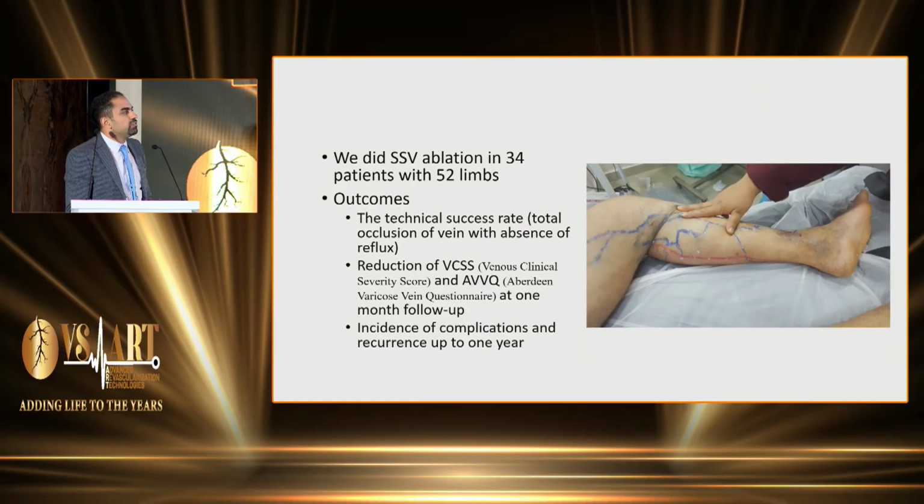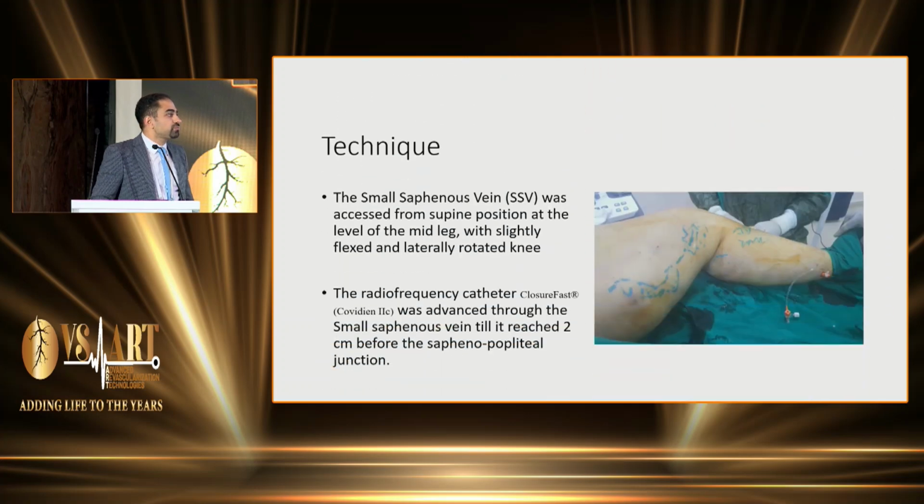We ablated 52 limbs in 34 patients. Our aim was the technical success rate, which is total occlusion of the vein with absence of reflux, and reduction of the venous clinical severity score and Aberdeen varicose vein questionnaire at 1 month, with follow-up for complications and recurrence up to 1 year.